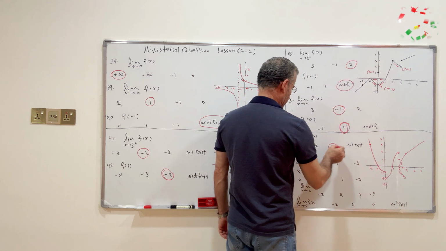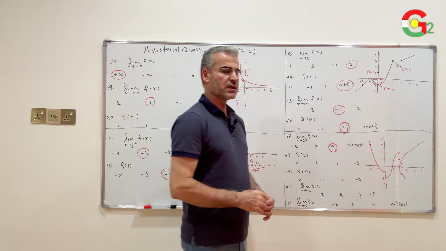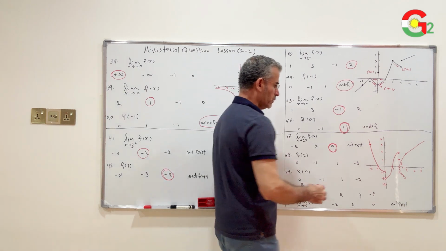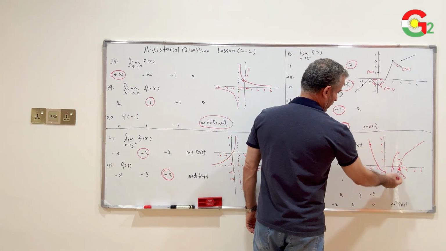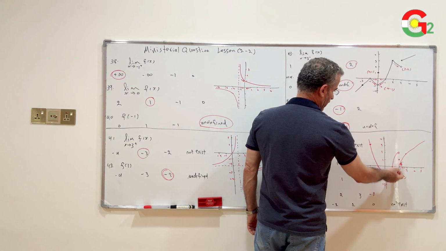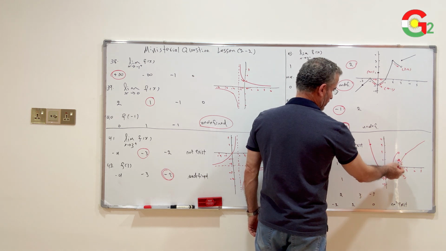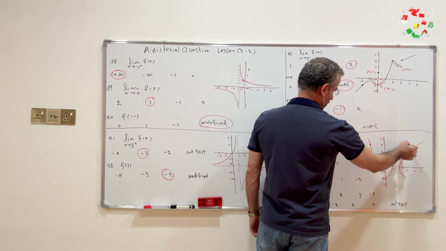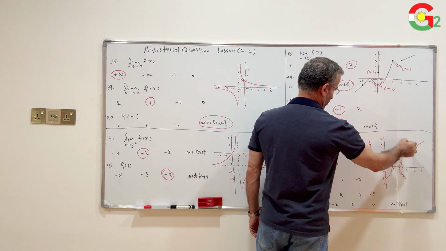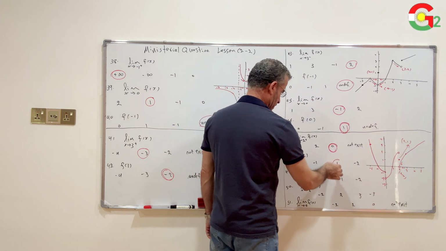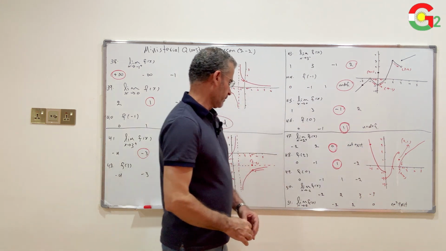Then the right choice is 0. f of 2, this is 2. Here we have a gap, and here we have a gap, but the function is defined here, the coordinate of this point is 2, 1. Then the right choice is 1.